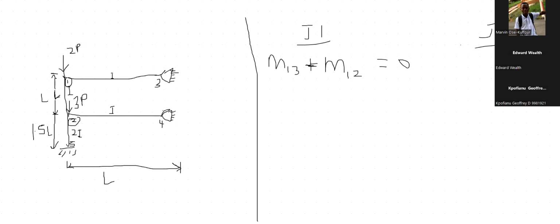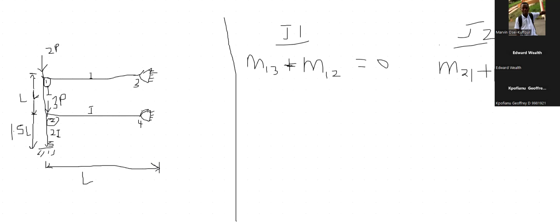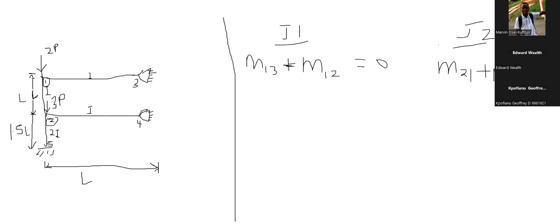At joint 2, the one going this way, 2,1, 2,4, and we have what? 2,5. So M21 plus M24 plus M25.